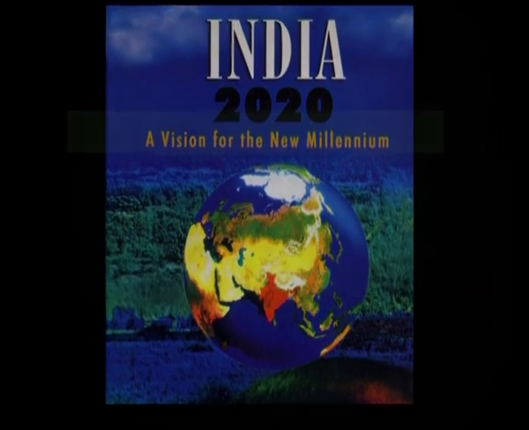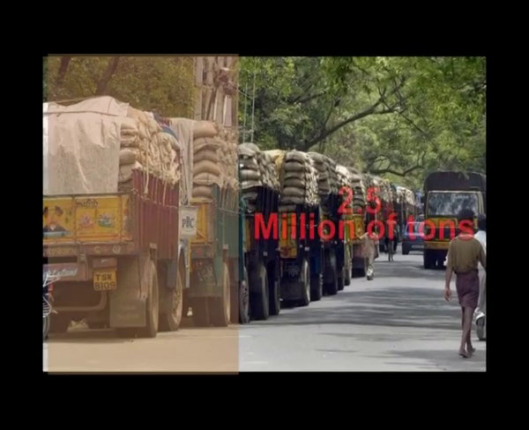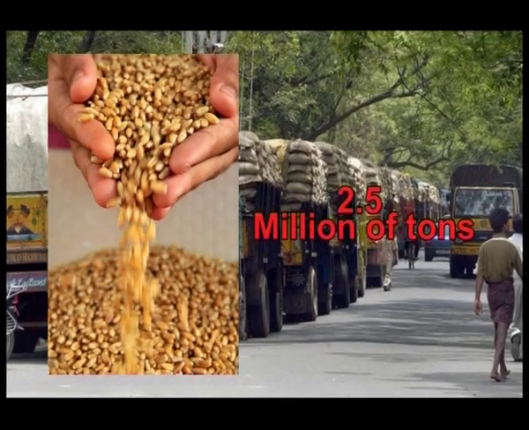As per the Agriculture Policy Vision 2020, there would be around 2.5 million tons of extra demand for food grains annually in our country, while significant increases are being needed in the supply of livestock, fish and horticulture products as well.